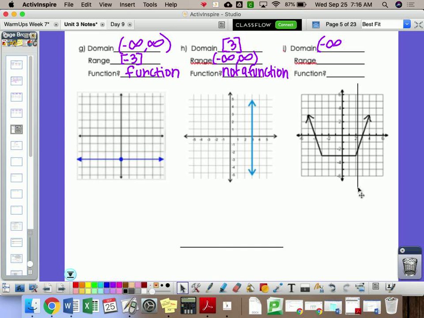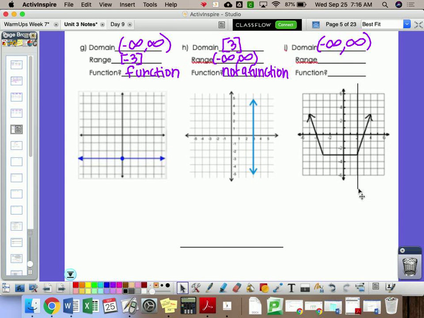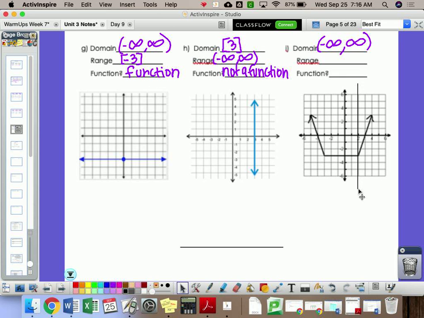So I'm ending at positive infinity. I can also see when I was dragging this line across that in no place was I hitting my graph in more than one spot. So I would say that yes, this is a function.